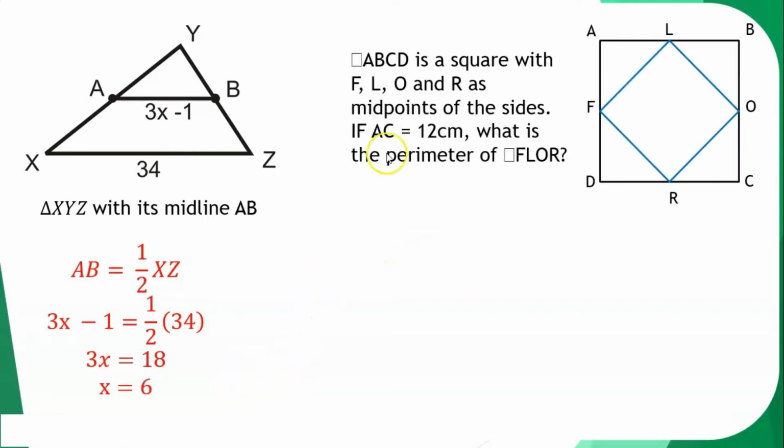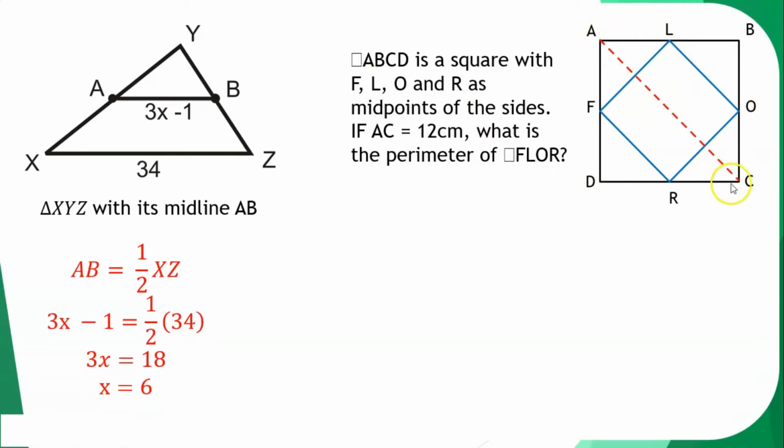Okay, another example. Given here, quadrilateral ABCD is a square with F, L, O, and R as midpoints of its sides. If A to C is given as 12 centimeters, what then is the perimeter of FLOR? Take note, A to C is 12.